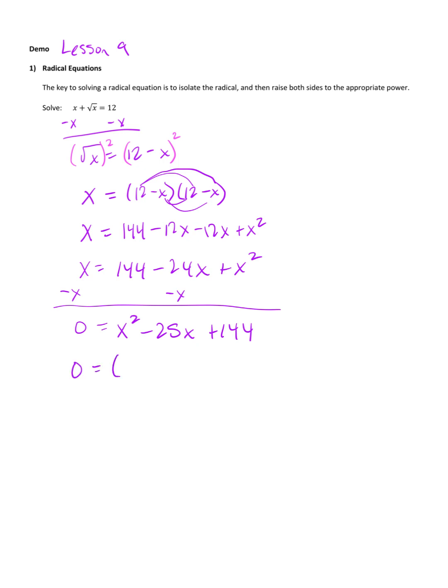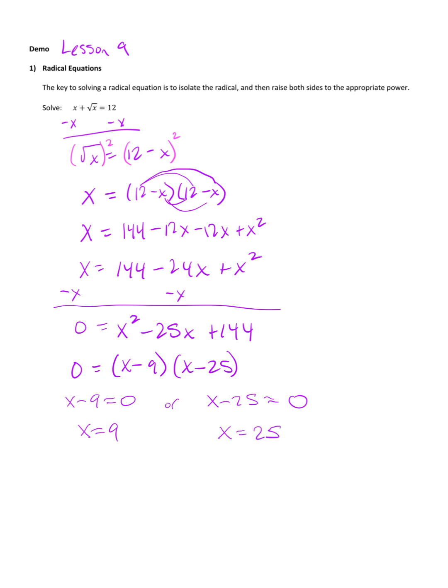So it's going to be x minus 9 times x minus 16. And then we set each factor equal to 0, and we get x minus 9 equals 0, or x minus 16 equals 0, and we get x equals 9, or x equals 16.